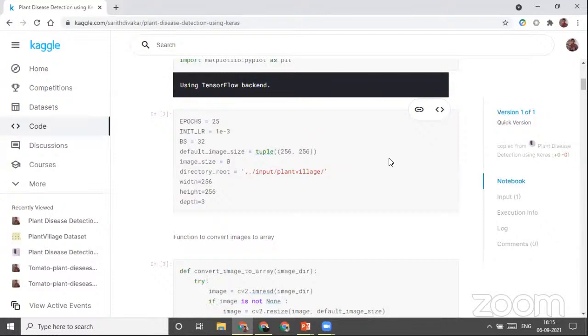The batch size represents how many images you'll be taking at a time. It depends upon the environment that you'll be having. If you want to increase the batch size, you may have to go for, say, a GPU. And GPU and TPU are also available in the Kaggle environment, I think for about 34 hours if you want, so that's more than enough for you to complete this kind of problem.